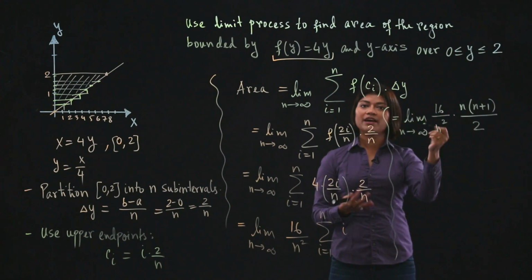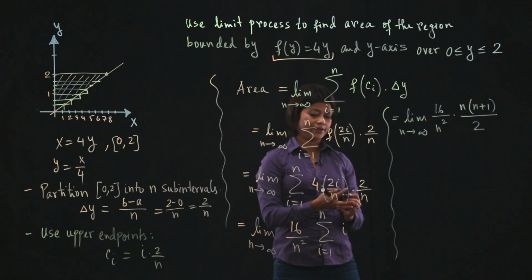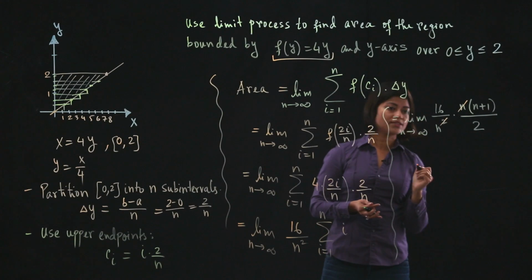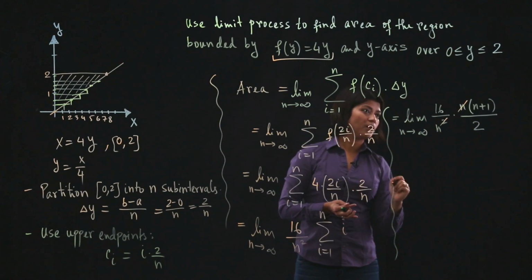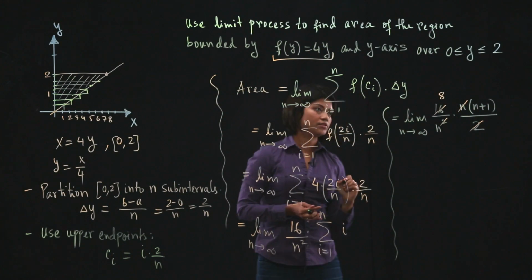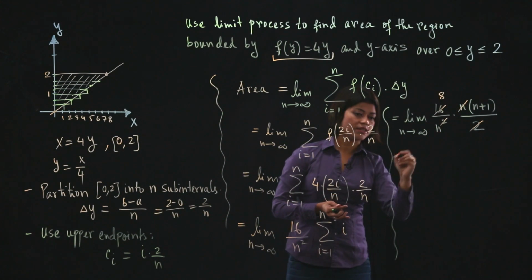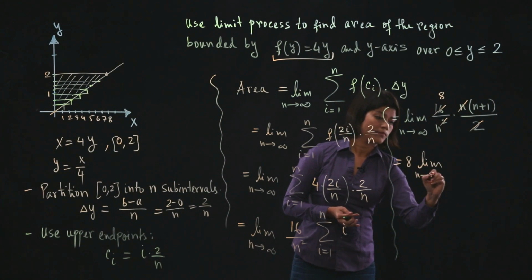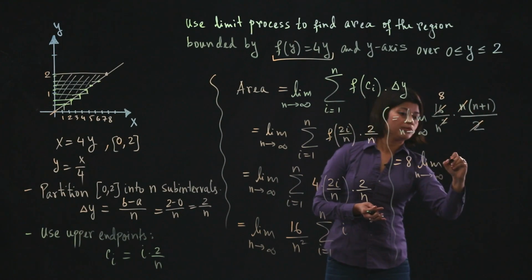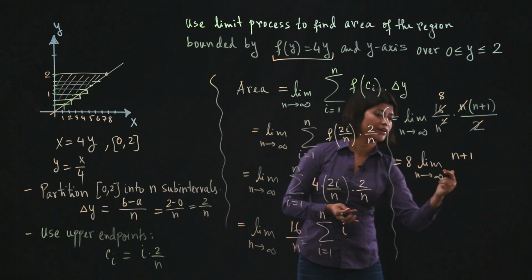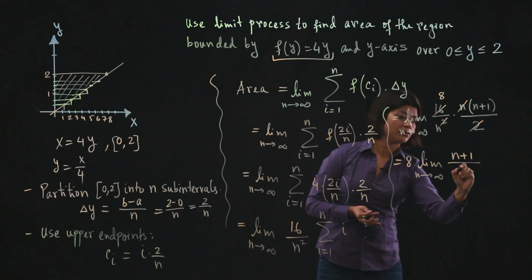Now we just have to evaluate the limit as n approaches infinity. Notice that n cancels with one of the n's in the denominator, and the 2 and 16 also cancel. So 8 is a constant, and you can pull it outside the limit. Inside the limit, we will have n plus 1 in the numerator, divided by n.